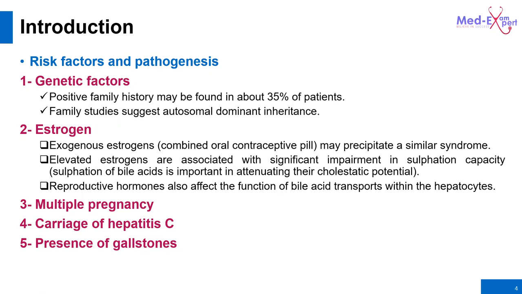Sulfation is a process by which the bile acids are conjugated to sulfate to be more water soluble to help their excretion. The high level of estrogen causes some impairment of the enzyme responsible for this process. This leads to failure of excretion and getting rid of these bile acids. So the bile acids build up in the body, causing the pathogenesis of this condition.